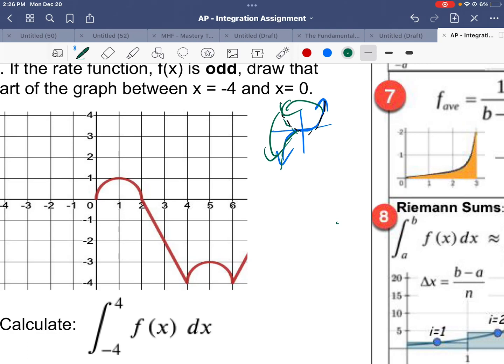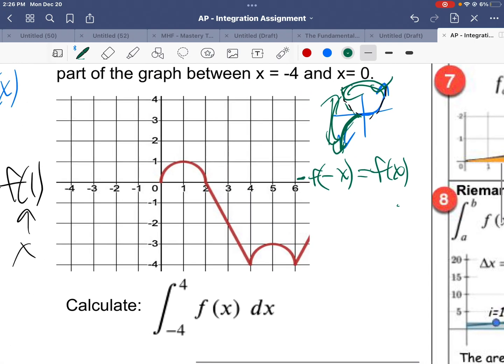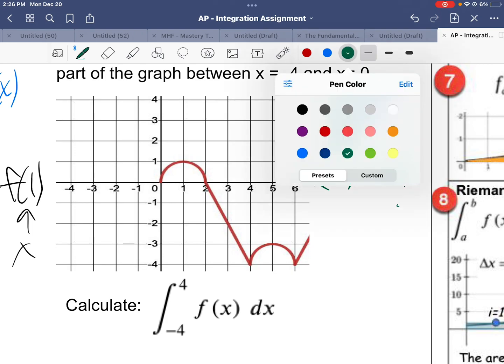Okay, so that means that if I want to bring it back, I take this part here, I reflect it vertically, okay, there, and then I reflect it horizontally, and it brings me back to where I was. So this is a case where f at negative x, I multiply that whole thing by a negative, and that gives me f at x. Okay, so it's 2 reflections, horizontal and vertical. So what it means is we can do this twice and see.